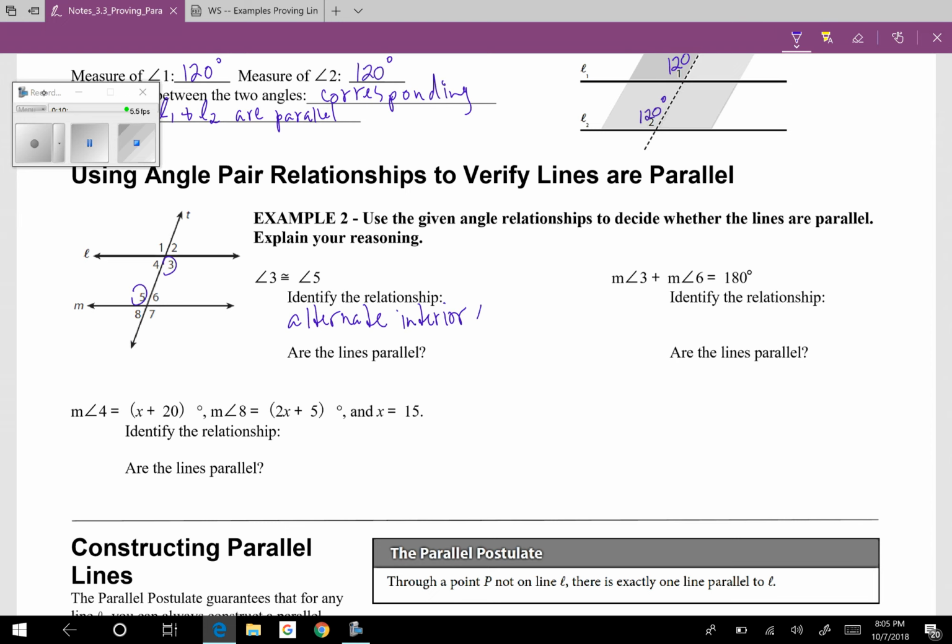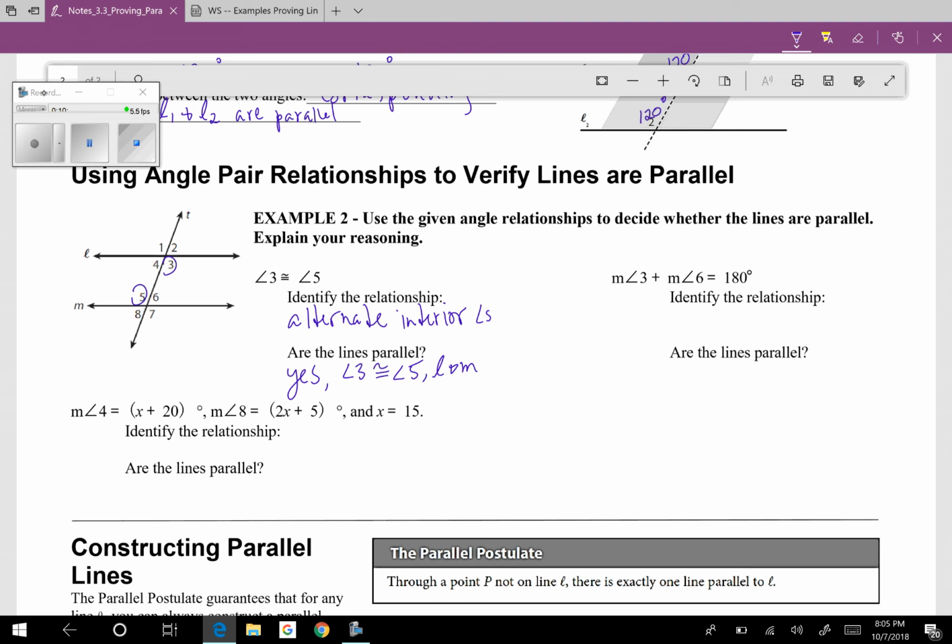Okay, are the lines parallel? Yes. And why are they parallel? Because if the alternate interior angles are congruent, then they are parallel. So since angle 3 is congruent to angle 5, L and M are parallel. Remember those two lines, that's our symbol for parallel.